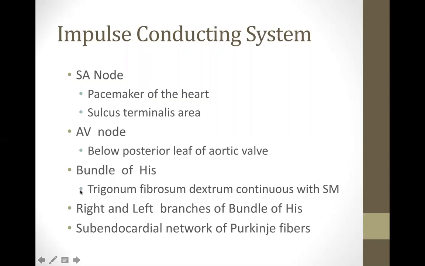Your bundle of His, that is the trigonum fibrosum dextrum, that is continuous with the smooth muscles. And after the bundle of His, it goes to the right or left branches, and it goes to your Purkinje fibers, which is a modified cardiac muscle cell.